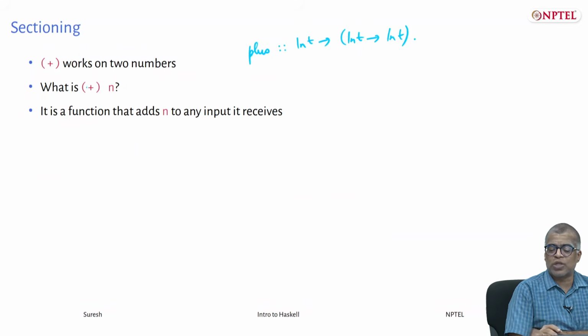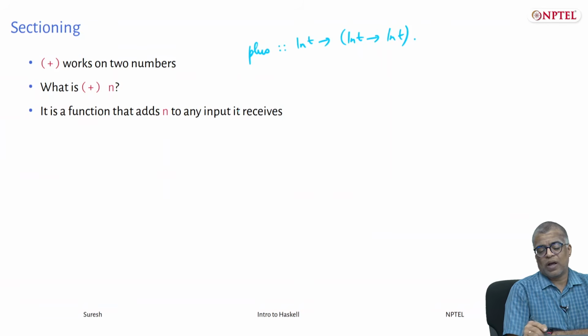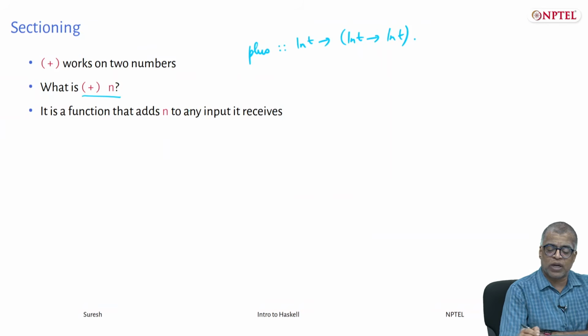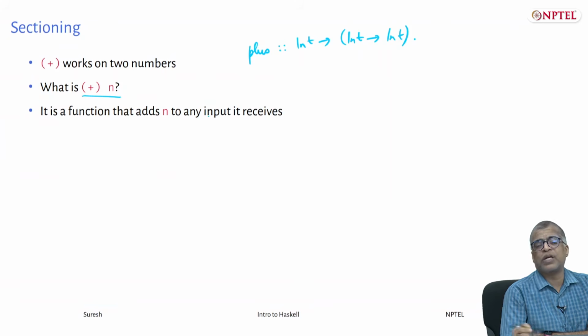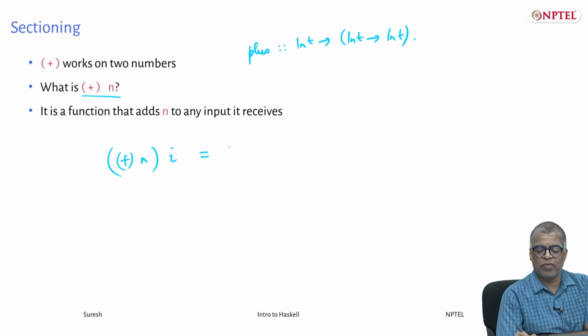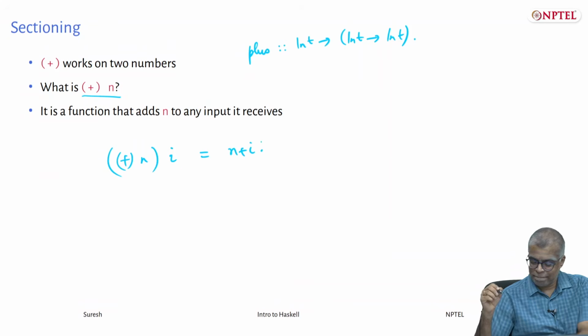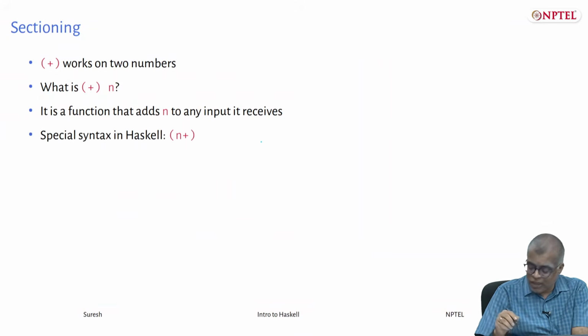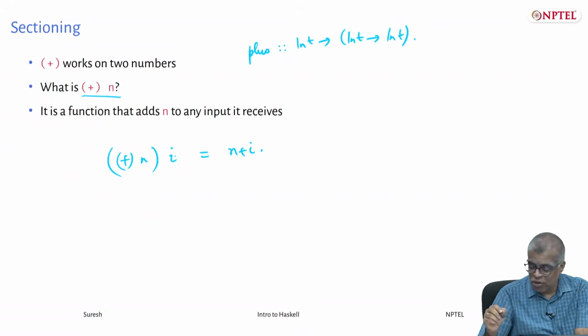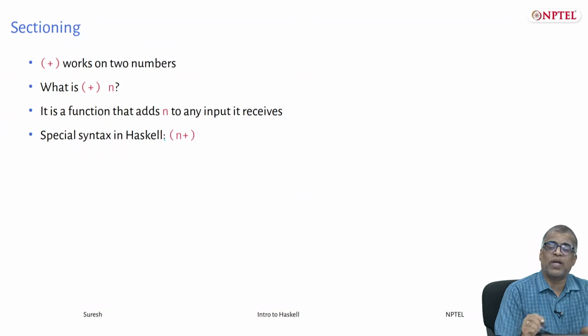So plus applied on n is a function that adds n to any input it receives. Plus n is a function that if you apply it on i, will give you n plus i. Now rather than write it as plus n i, you can write this shorthand, n plus.